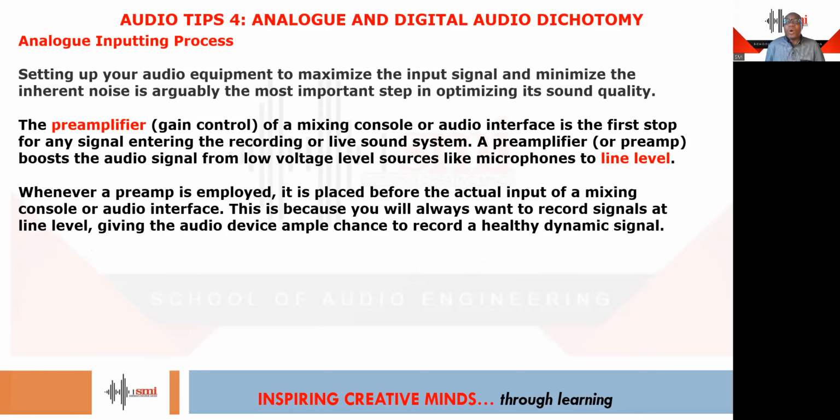This is because you always want to record signals at line level. Line level is the level that all our electronic equipment work with. The level that the microphone works with is so small that the mixing console cannot accommodate it. So it is the preamplifier that will bring that low level up to a line level that the mixing console and the rest of the audio equipment can work with.